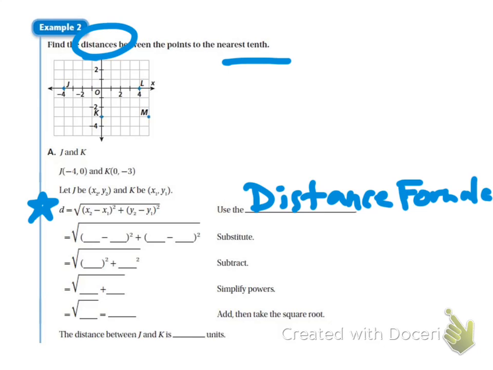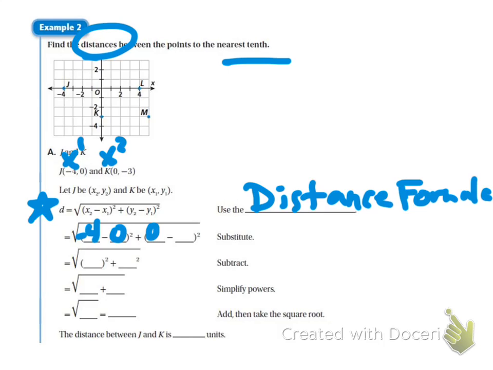So we have to do x2 minus x1, square that, plus y2 minus y1 and square that, and then solve.